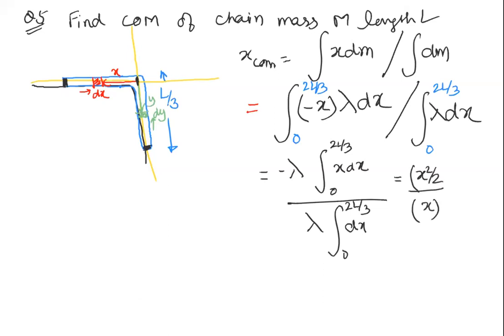Please don't put the limits here. 0 to 2l by 3. This will be equal to 4l square by 9 divided by 2l by 3, which will be equal to minus 12 by 2. Sorry, not that, 12 by 3.